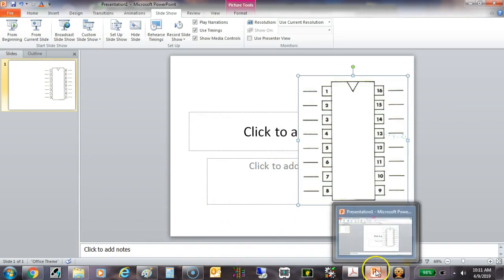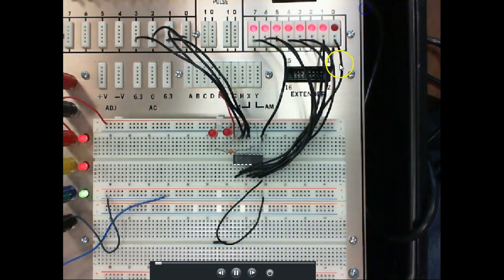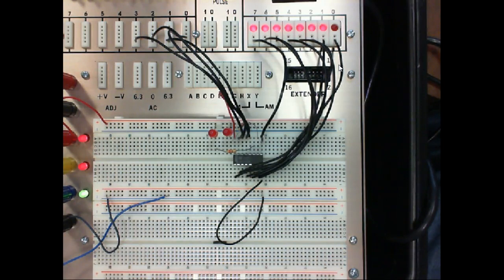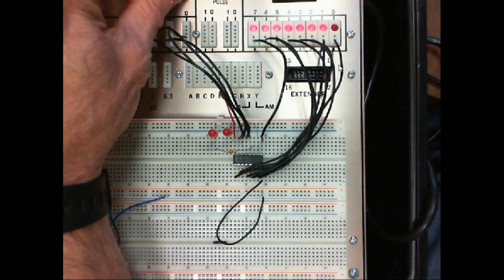Okay, so first of all, right now this is a BCD 0, which would be 0, 0, 0, 0 on my switch.